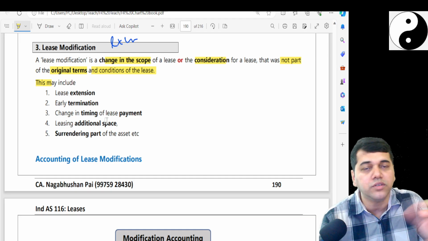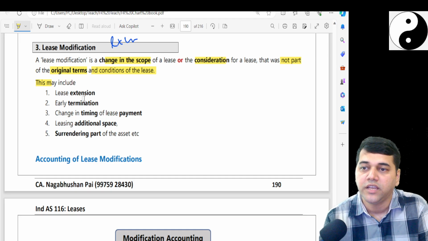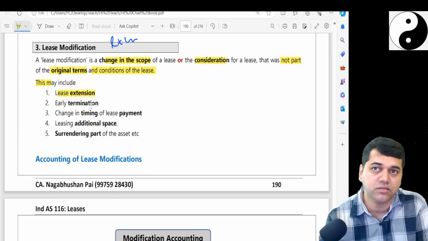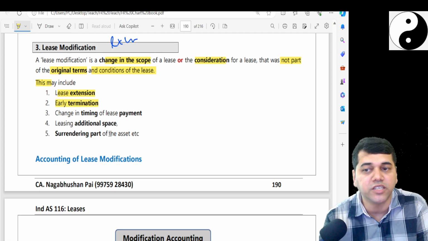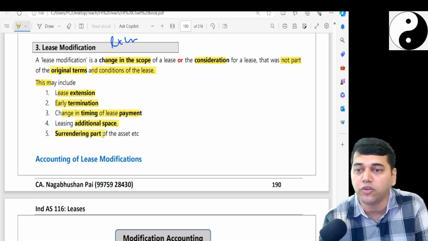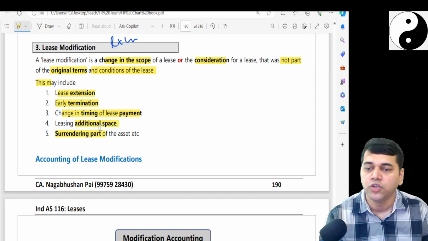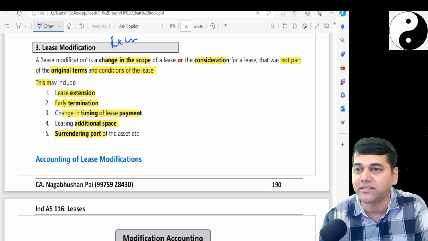Now, what happens in the lease modification? Either the consideration is going to change or the scope is going to change. It may include lease extension. It can be early termination. Timing of the lease payment can change. You can ask for additional space, or you can surrender part of the space. Followed, no? So we can broadly classify into three categories.